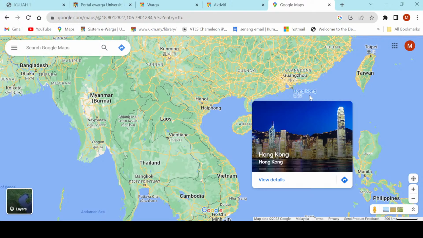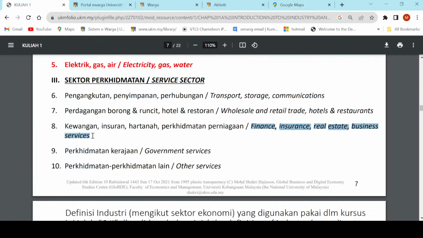And from transport generate the backward linkages to financial center, insurance, real estate, and business services in Singapore today. So many companies open their headquarters in Singapore. I don't understand. You pay so much for real estate, expensive office, but you want to be in Singapore. Why? Because of connectivity. Once you're in Singapore, you are connected to the world.